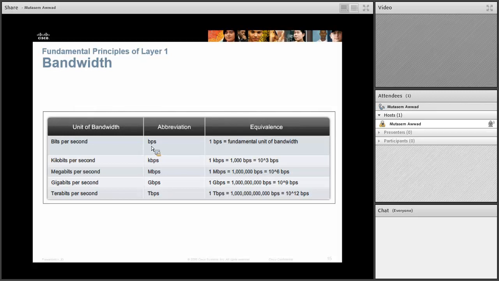For example, let's say you are on some highway, and the highway speed limit is 65 miles an hour. So that 65 miles an hour is the maximum speed that you can be traveling on. So that's what bandwidth is. You can't go any faster than 65 miles an hour.